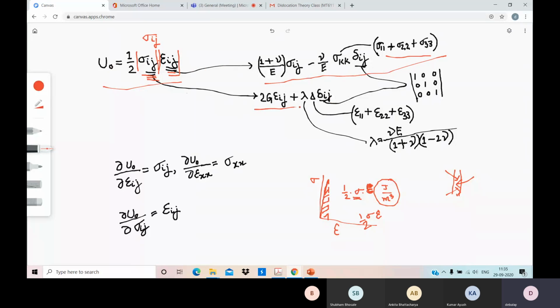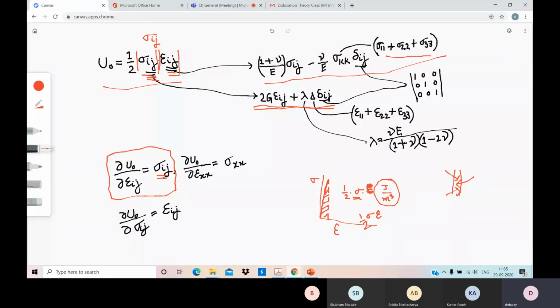Similarly, in place of stress, you can write strain tensor terms: sigma ij equals 2G epsilon ij plus lambda epsilon kk delta ij, the Kronecker delta. You can write that. But one beauty will be there. If you take the derivative of U naught with respect to any strain component, you will get the corresponding stress component.